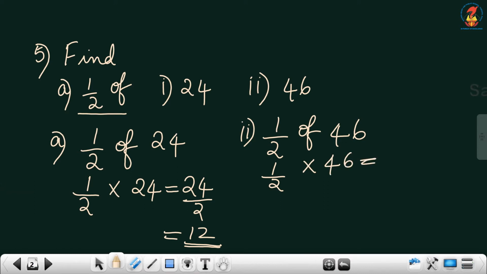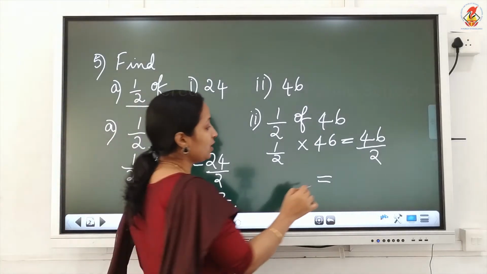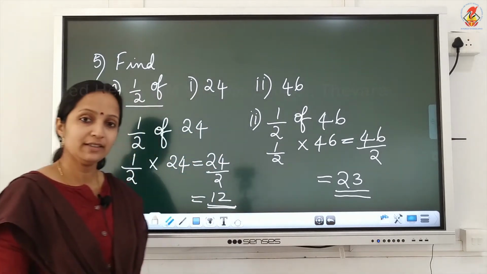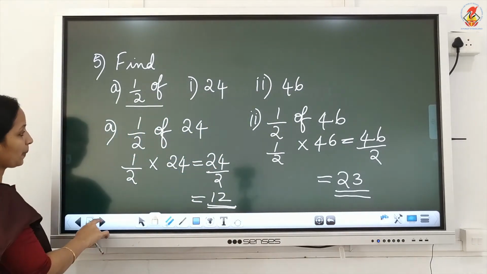So 1 into 46, fraction by a whole number. So 1 into 46 is 46, 46 by 2. Write the same denominator, 46 divided by 2. What is the answer? Do the division, you will get the answer 23. Clear?